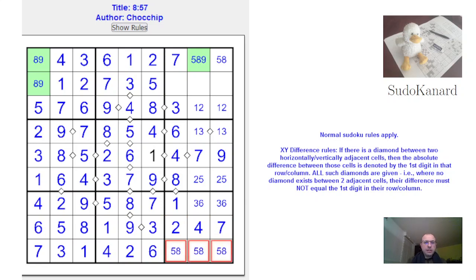This column still needs 5, 8, and 9, so this is not 8. And this is not 9, because we would have a difference of 7. So this is 5, the 9 is here, that's 8. So finally 9 is not here, 9 is in this corner. This is 8.